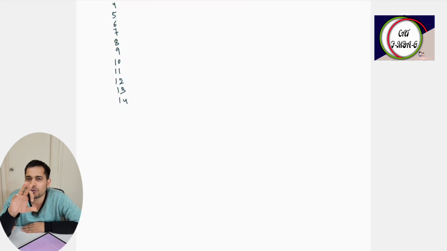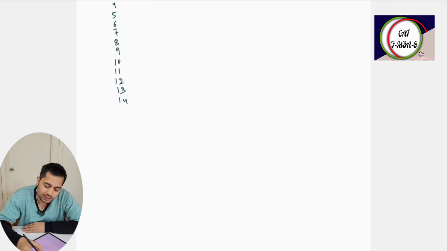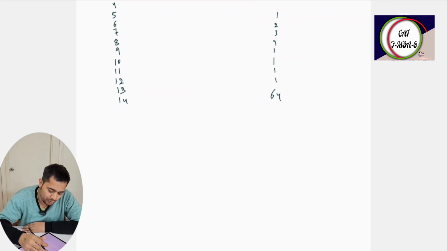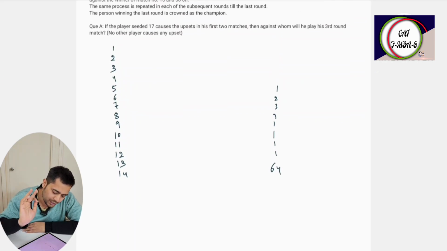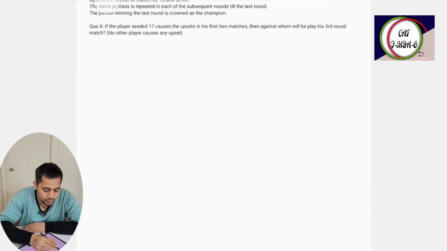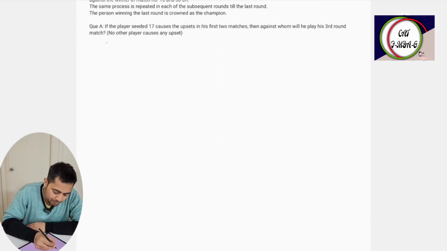If there are 64 teams, then I write 1, 2, 3, 4, dot, dot, dot, 64. If 32 teams are there, I write 32 teams literally. It helps me. It may seem quite odd to you. You can prefer a different example, but 100% accuracy is there.